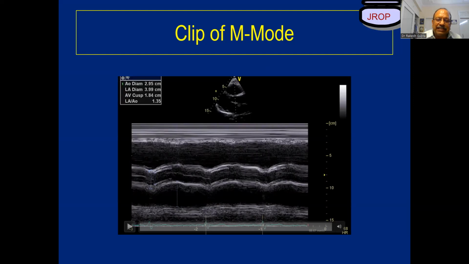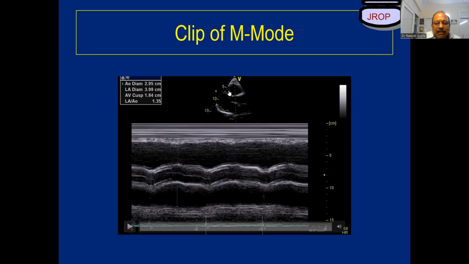If I'm talking of a diastole, I'm talking of a diastole of LV, that is beginning of T wave, end of a T wave to beginning of QRS complex. So here is an example. Systole is from this point to end of a T wave. And diastole is end of a T wave to beginning of QRS complex, that is the diastole of this particular image.